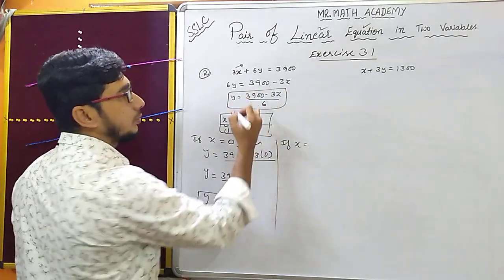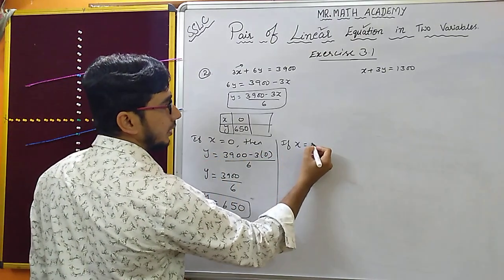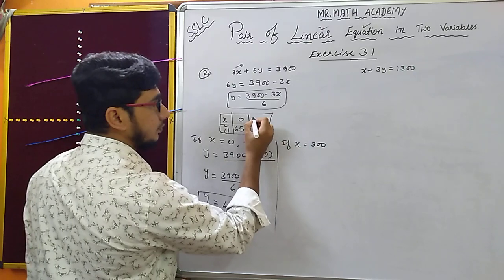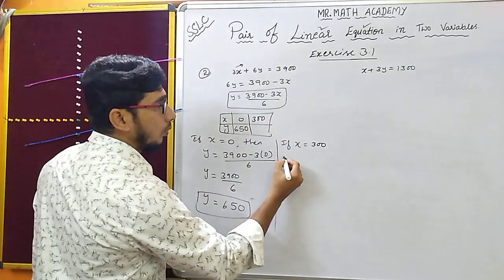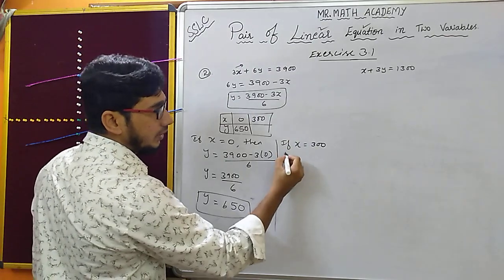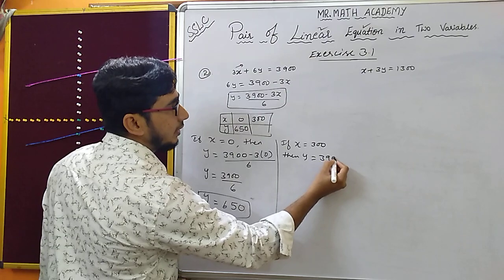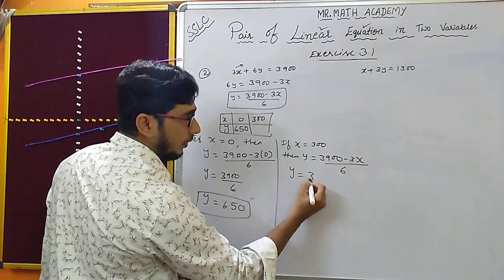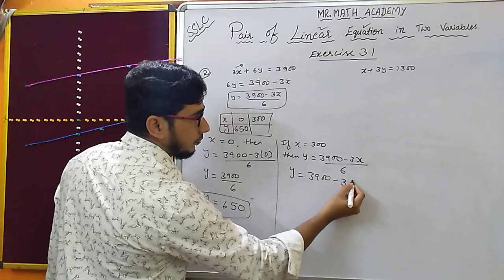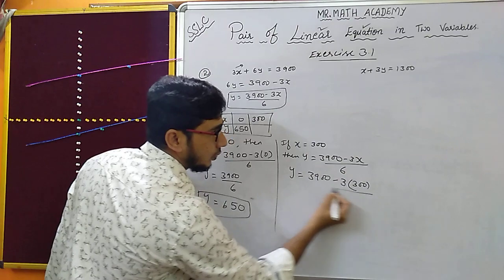I'll try to remove this 900. So I'll consider x is equal to 300. Why, sir, 300? You will get to know here. If x is equal to 300, then what will happen? y is equal to (3,900 minus 3x) by 6. I took x as 300, whole divided by 6.